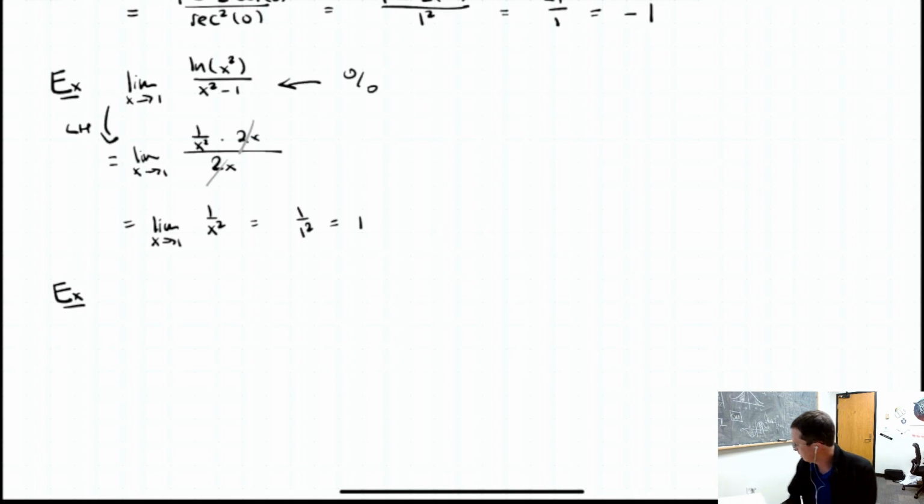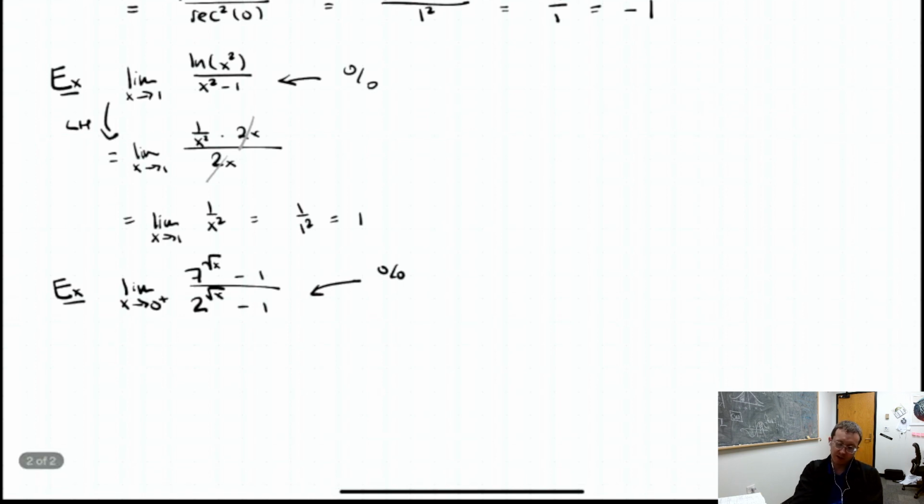Ooh, this one looks fun. Let's look at the limit as x approaches 0 from the right of 7 to the root x minus 1 over 2 to the root x minus 1.